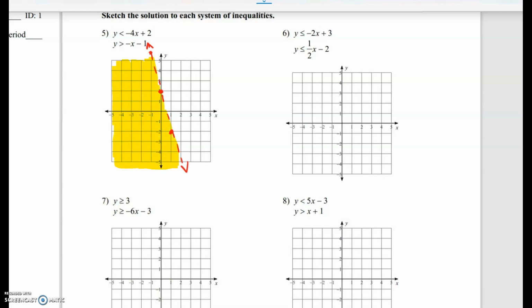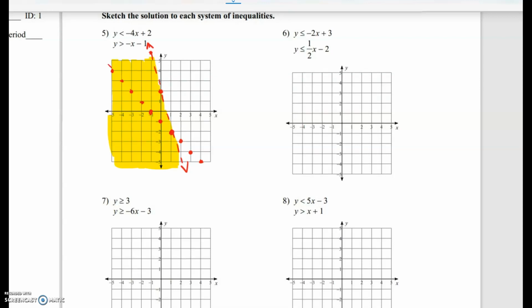All right, so if I was just graphing the top inequality, that would be it, but I have another inequality, and I need to graph it. This one is at negative 1 for the y-intercept, and the slope is negative 1 as well, so down 1 and over 1. With inequalities, it's best to graph all the way across if you can.